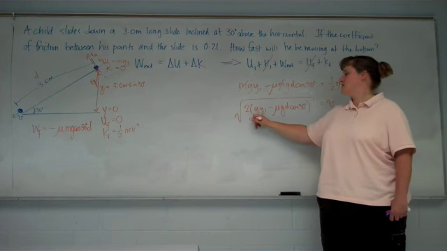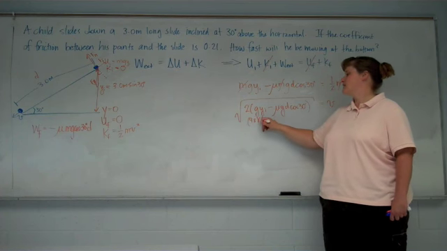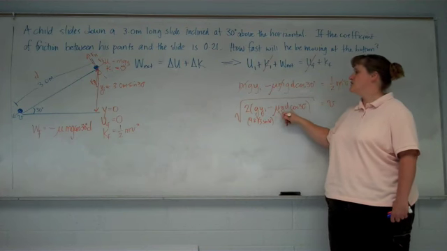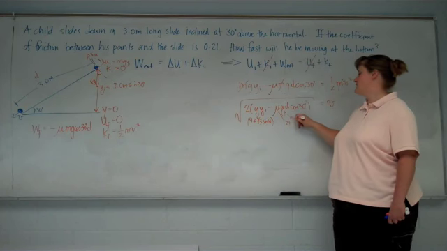G is 9.8. Y initial is the 3 sine of 30. Mu, let's see, was 0.21. G is 9.8.